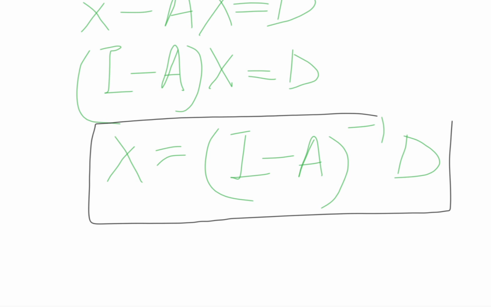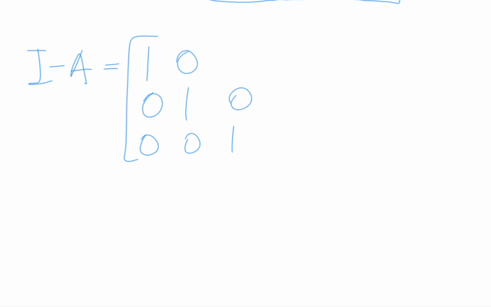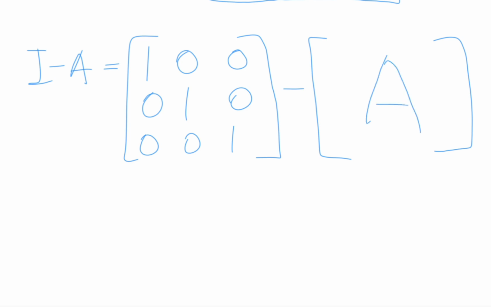Now the question asks us to calculate the (I - A) inverse matrix. To calculate (I - A) inverse, you need to calculate I - A, which is simply the identity matrix in 3 rows and 3 columns minus the A matrix that is given in the question.